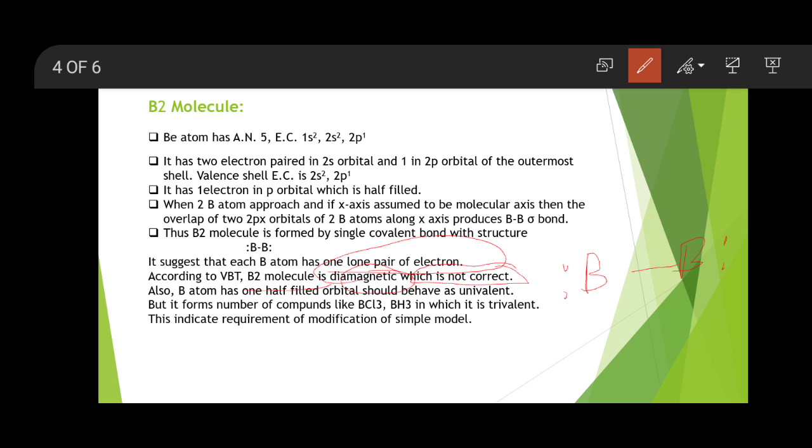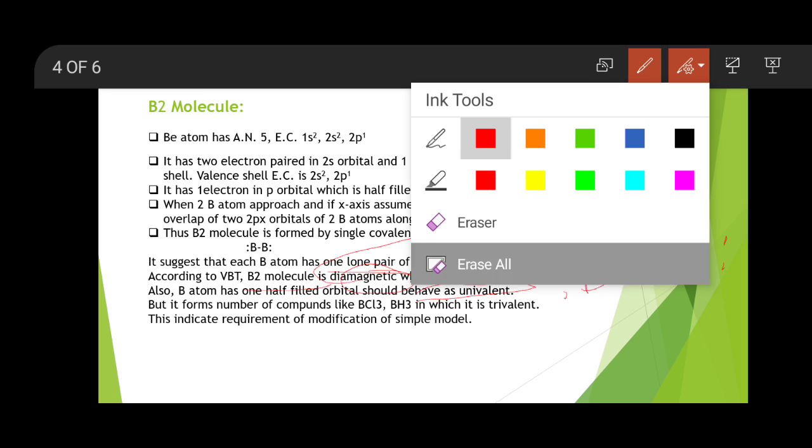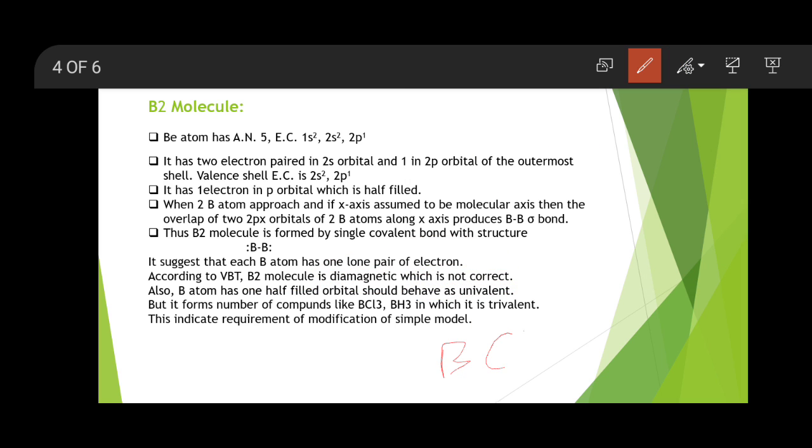But this is not true, because a boron atom has one half-filled orbital which behaves as univalent, and this can be confirmed with many examples like BCl3 and BH3 molecules, where boron is trivalent in nature. So we need to explain why boron exists in a trivalent manner and not in a monovalent one. So another important modification is required to study.